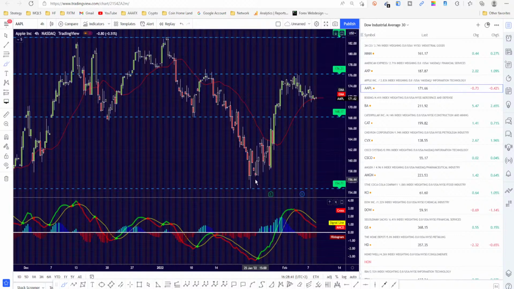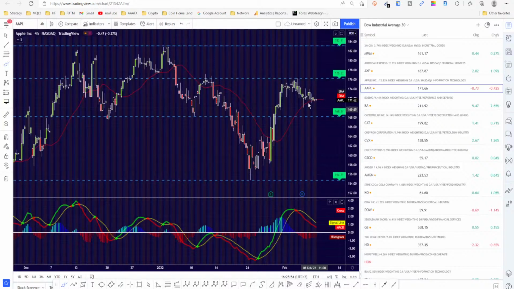You can see it did come here to 156, and the MACD gave a beautiful buy signal, and it started going back up. Right here, it's undergoing a small correction. Then after this correction is finished, I think it's a good buy, or it's a good buy now. Either way, but I think it's just going to shoot up to go high again.